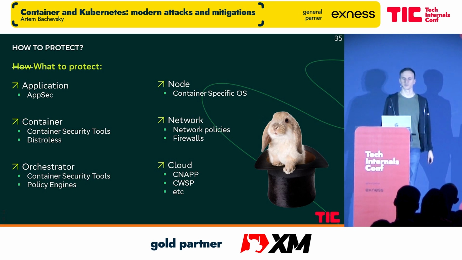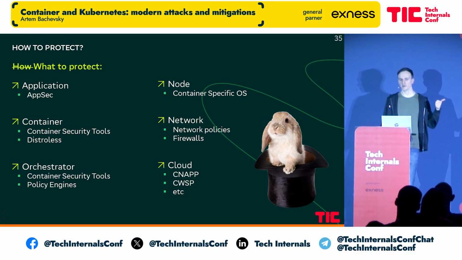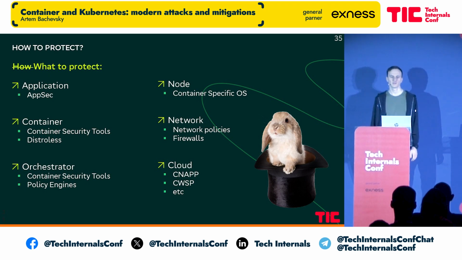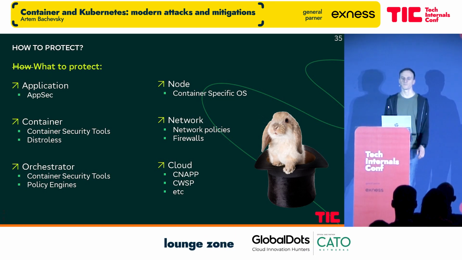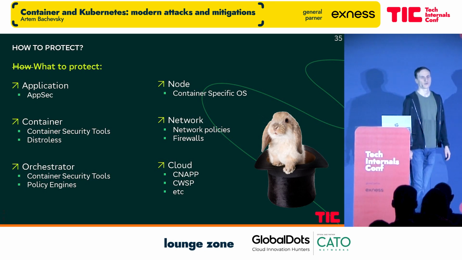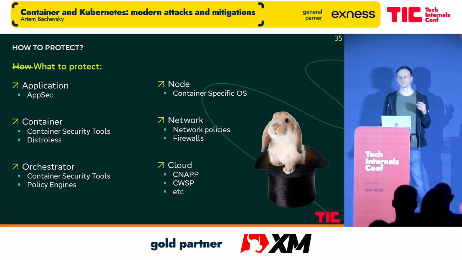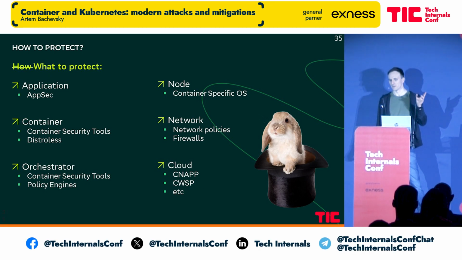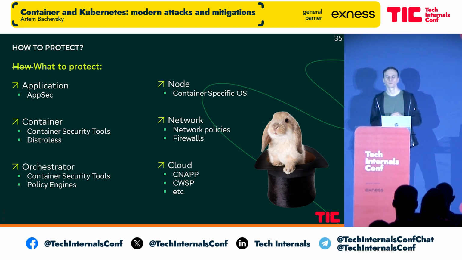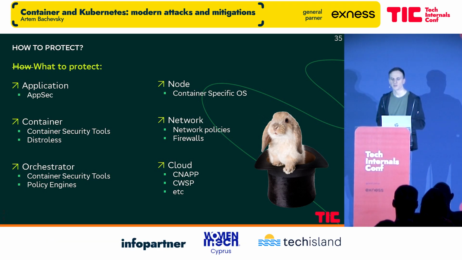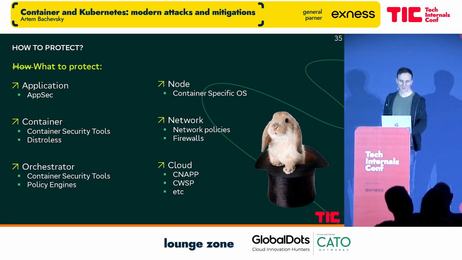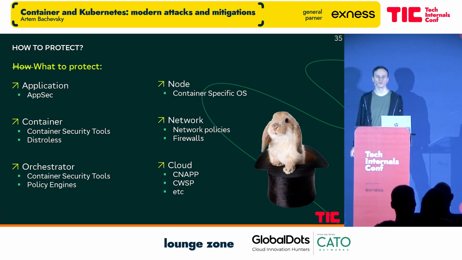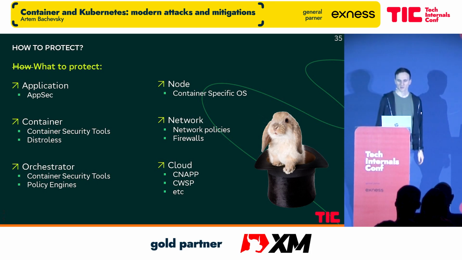Then, the orchestrator. Kubernetes security tools will help you there, and using policy engines will also help you. Node. Think here about using a container-specific OS, which is also a way of decreasing the attack surface of your node, and operating systems like Talos are a good way to do it. Again, network. Using firewalls, next-generation firewalls will help you here.